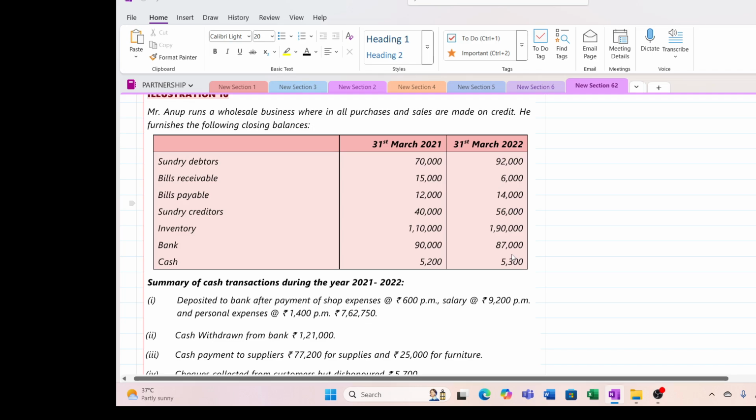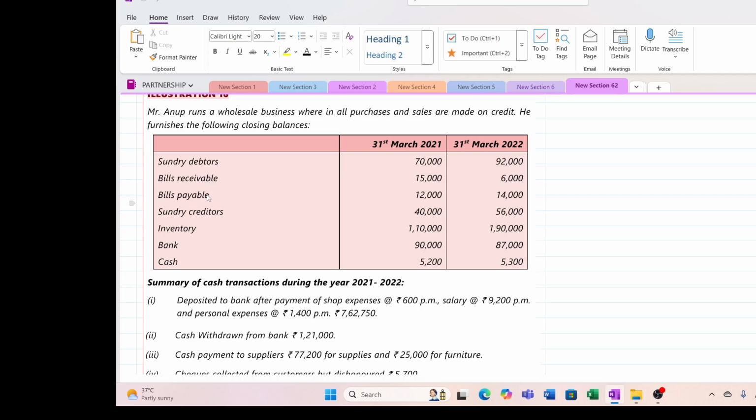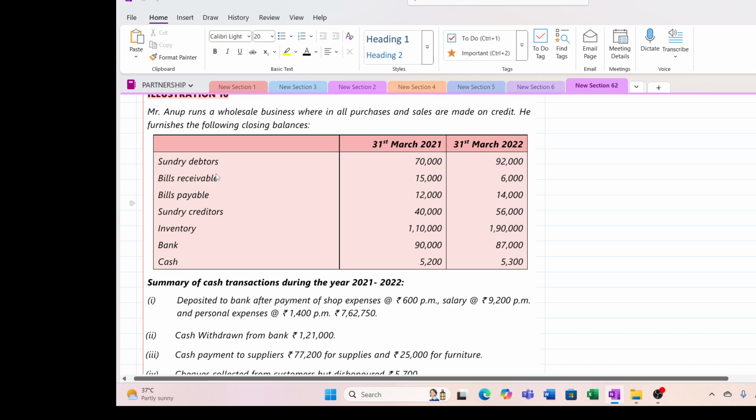Next step, you have to first prepare the bills receivable account. Then you have to prepare the bills payable account. If you follow these steps, it will be very, very easy. You will not find any difficulty at all. So bills receivable first, then bills payable account, then you can close your debtors or creditors as the case may be.